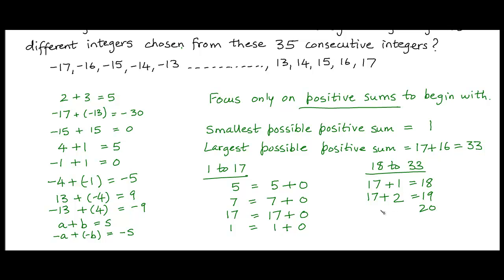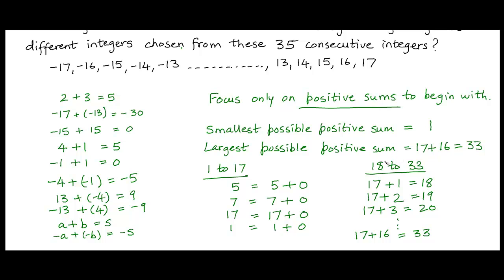We can produce a sum of 20 by picking 3, and so on. And we can produce a sum of 33 by pairing 17 with 16, as we've seen before.